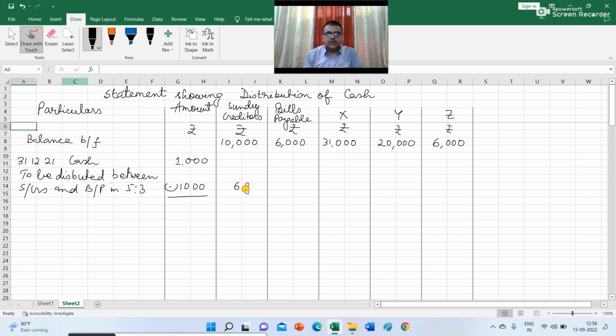So 625 and 375 will be distributed to creditors and bills payable. Now, what is the balance due after disbursement of rupees 1,000 cash which was available? 9,375, 5,625, 31,000, 20,000 and 6,000.